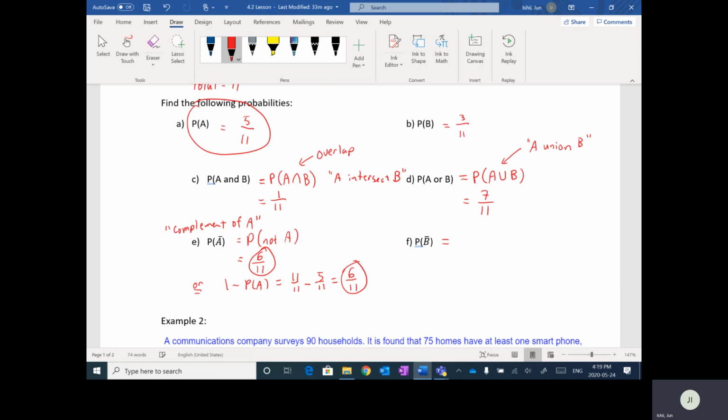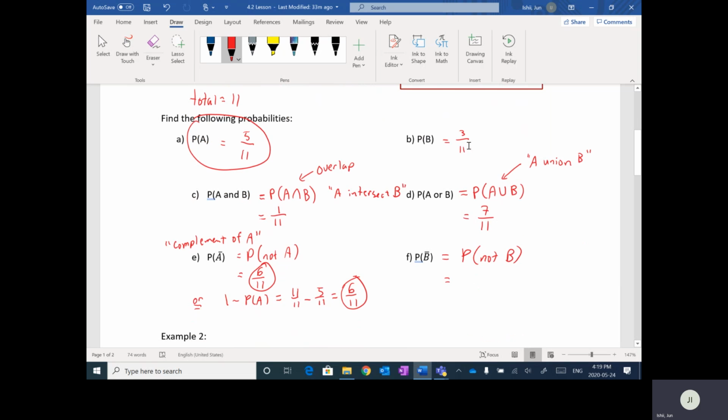Likewise, this one here is the probability of not B happening. And so here I'm going to just, rather than scrolling up and counting, use this one here. Okay, so if it's 3 out of 11 that B does happen, that means that 8 out of 11 times B is not going to happen.